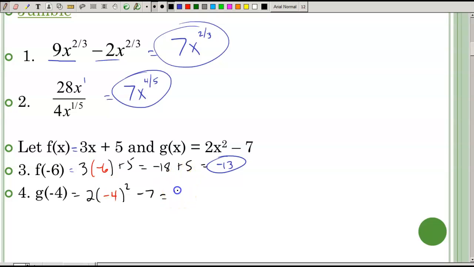Now I have 2 times -4 squared, which is 16, minus 7. So this is going to give me 32 minus 7, and my answer will be 25. So g of -4 is 25.